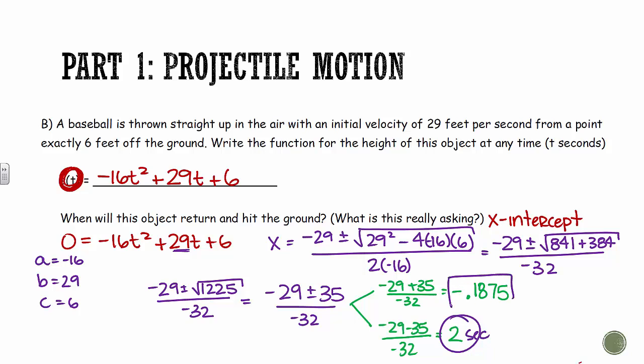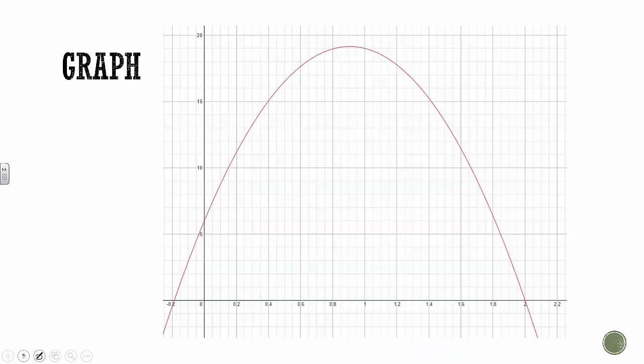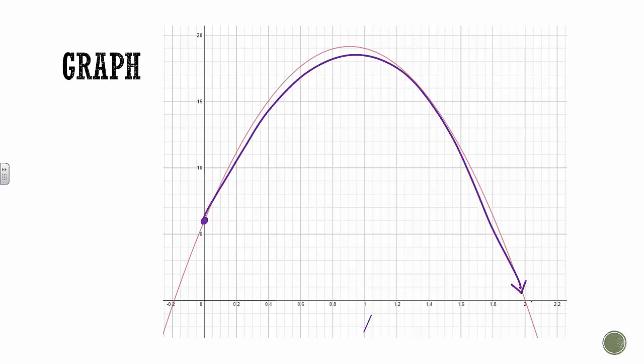This right here is another x-intercept that is represented by this graph, but might not make sense for this function. So if we look at the graph of this, remember it started 6 feet off the ground, and then it took 2 seconds to come back down. This is that other one that we found.